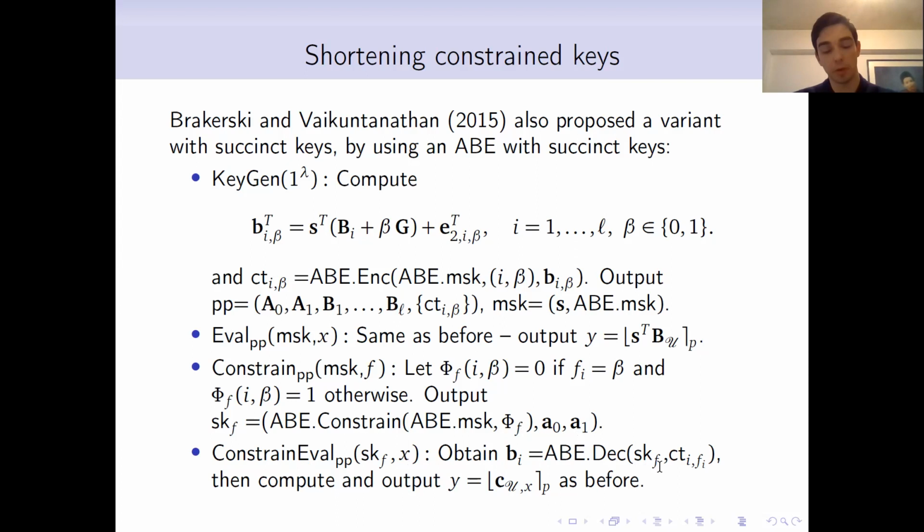Using our constraint key for the ABE system, we decrypt these ciphertexts, the ones that our key allows us, which are the ones such that f_i equals beta. And so we obtain the vectors b_i, which were in the previous scheme given directly as the constraint key. And so we can compute, as usual, the value y of the PRF.